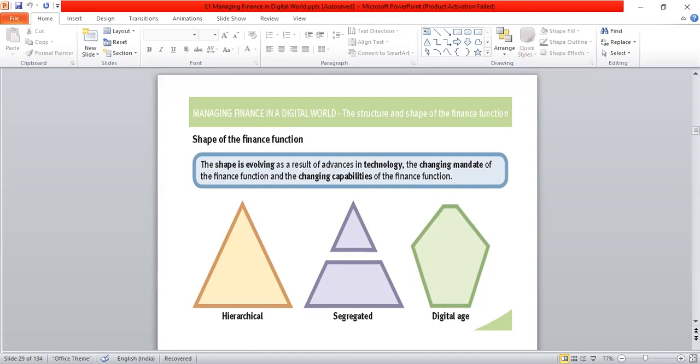So, the shape of the organization. Conventionally, as we discussed the other day also about the shape of the organization, it's in the form of a pyramid shape. At the top we see the top management, then the middle level management, then the operating level management.